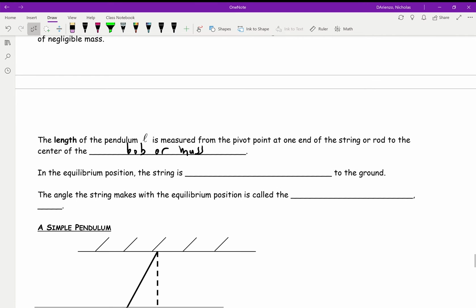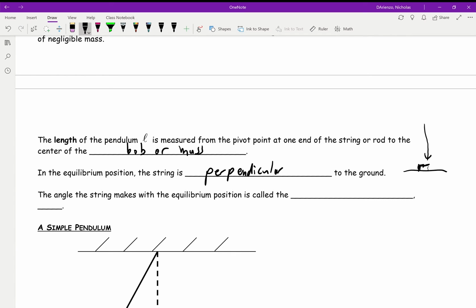Now, in the equilibrium position, the string is going to be perpendicular to the ground. So if we had our ground here, the string of the pendulum would be aimed straight down, and we would create a right angle there with the string of the pendulum.